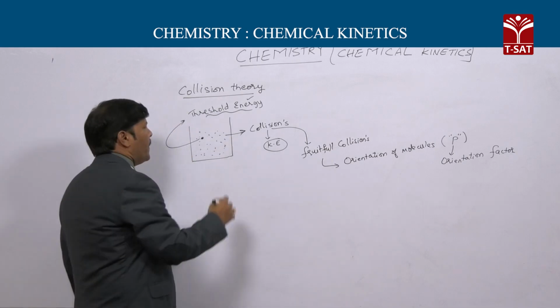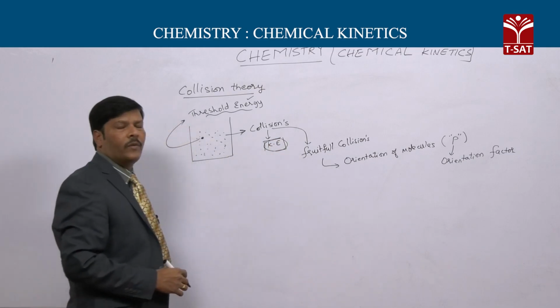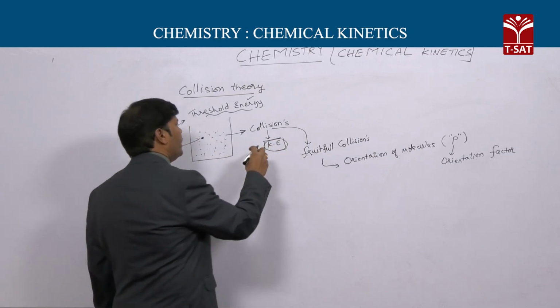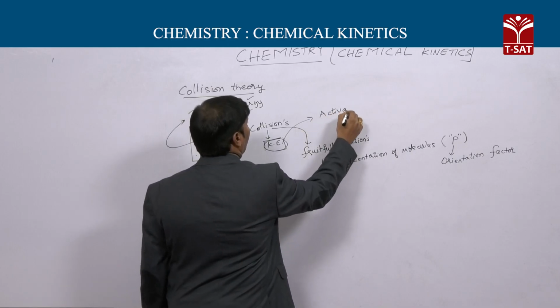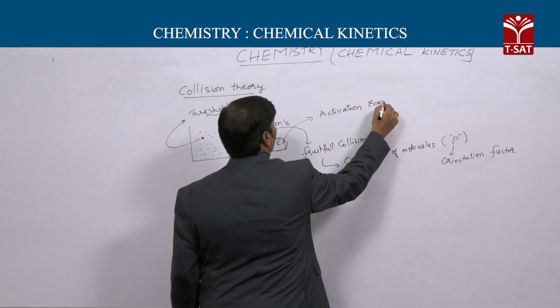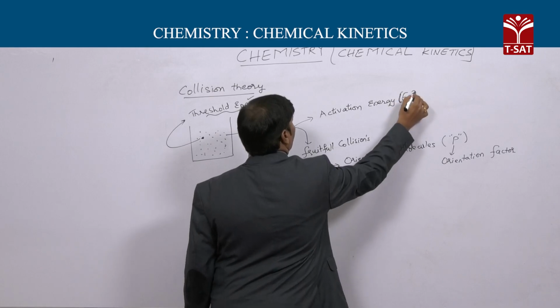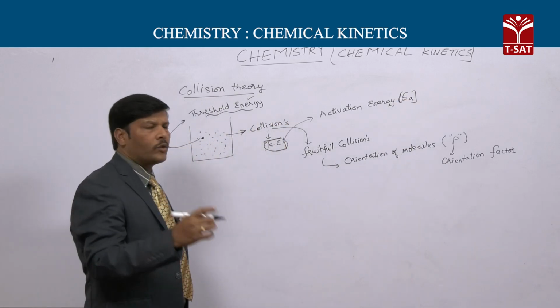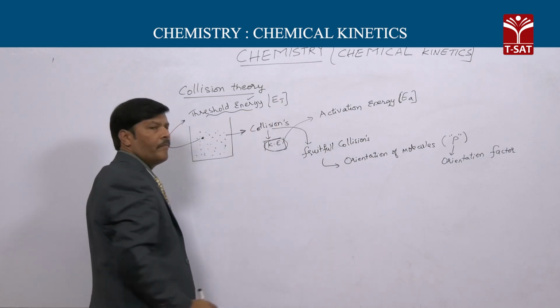Once the molecules acquire some minimum excess amount of energy in the form of kinetic energy, that will lead to activation energy. That means every molecule, to get converted into product, also needs some energy called activation energy. Activation energy is given by EA, and threshold energy is given by ET.